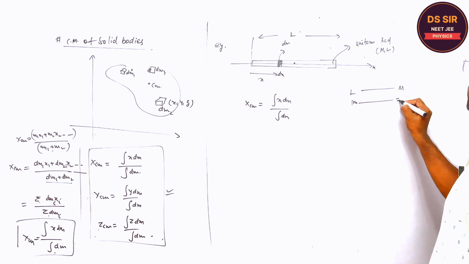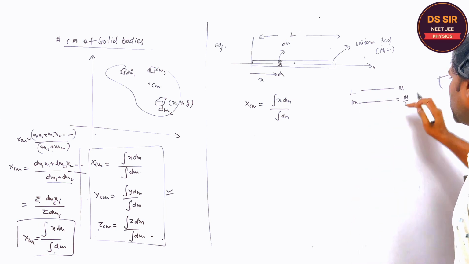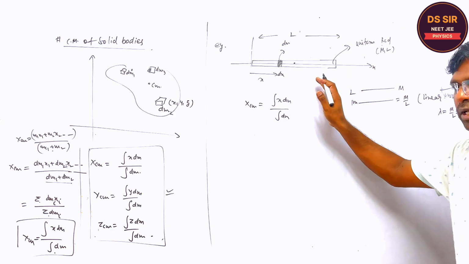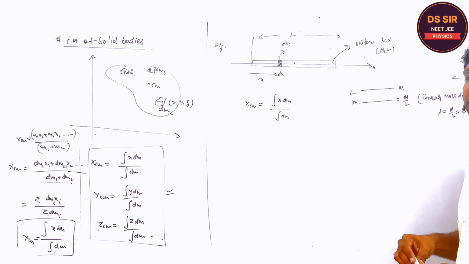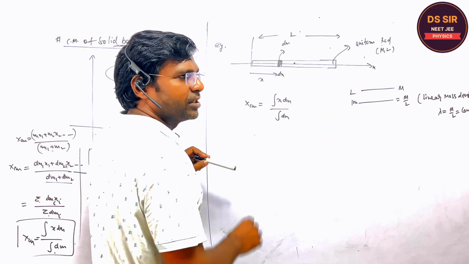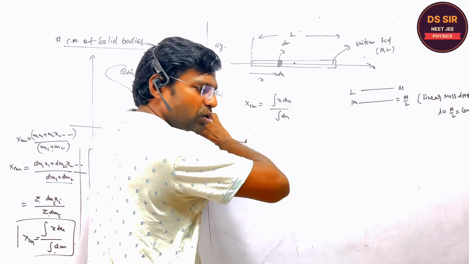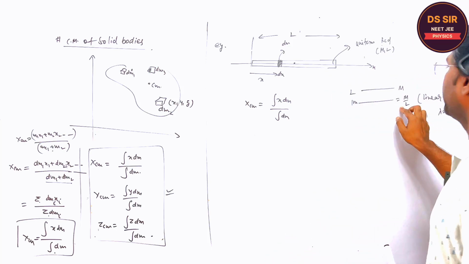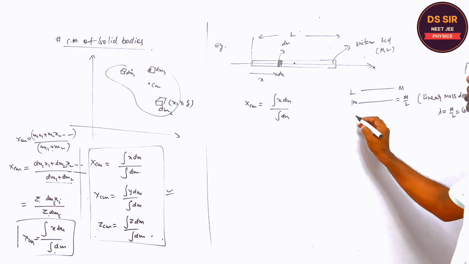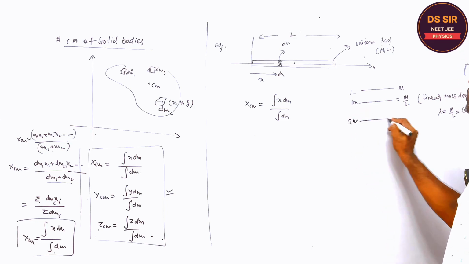For 1 meter, the mass is m by L. This m by L is nothing but the linear mass density. Sometimes it is represented by lambda, equal to m by L. For this rod, the linear mass density is constant, which means the rod is made of uniform linear mass density. So for length L the mass is m, for 1 meter the mass is m by L. So what is the mass for 2 meters? Can you tell?